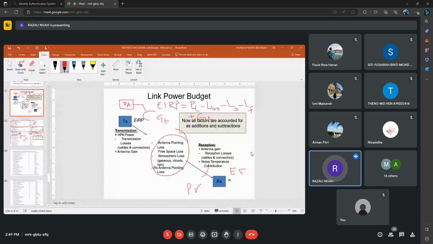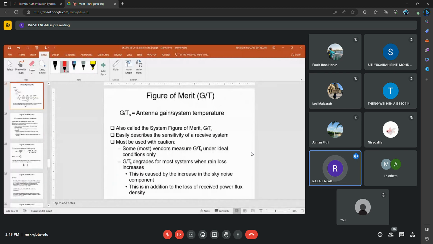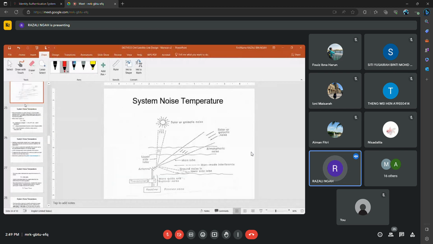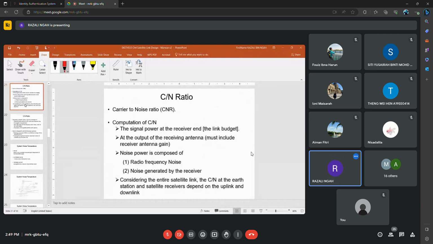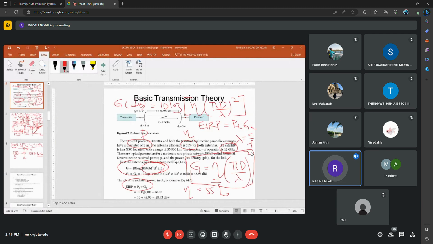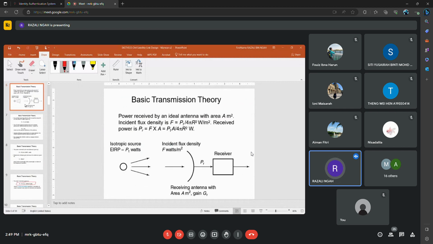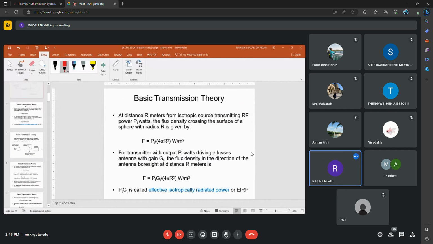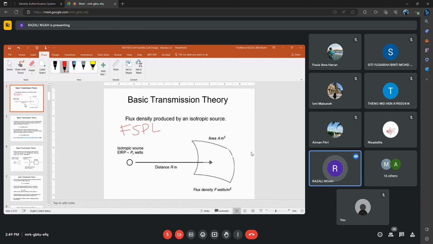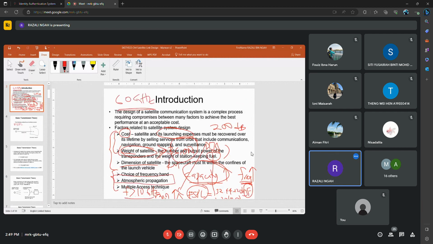Related to the power amplifier, for your information, in satellite communication we still use old technology based on a non-linear power amplifier.